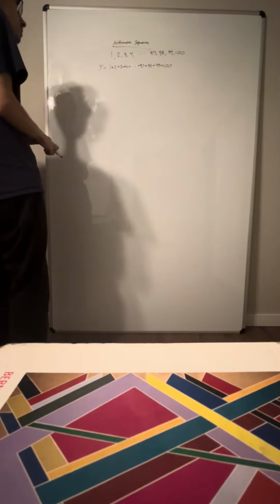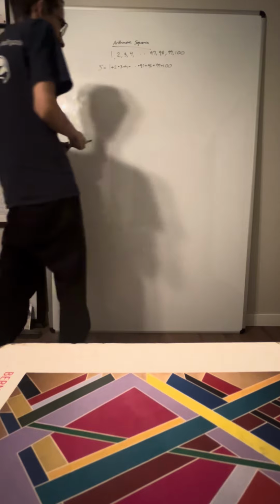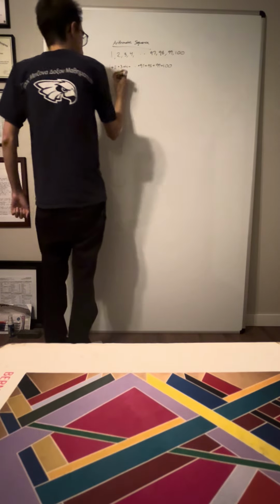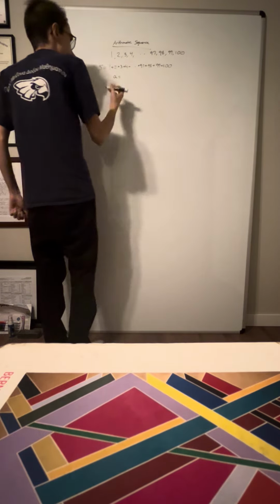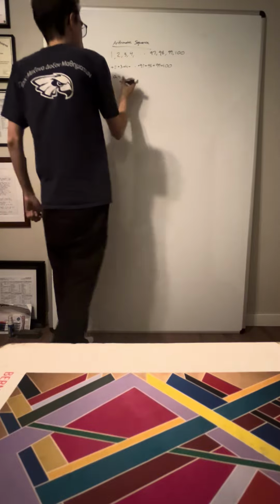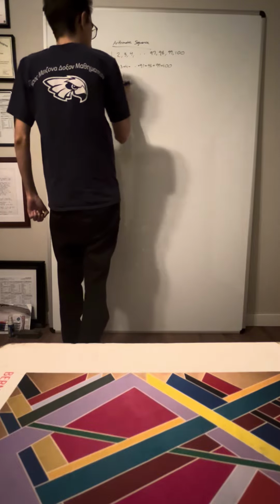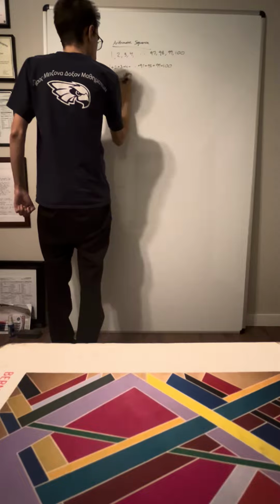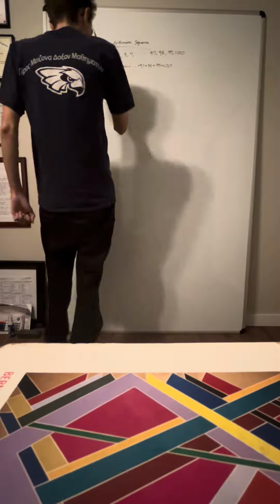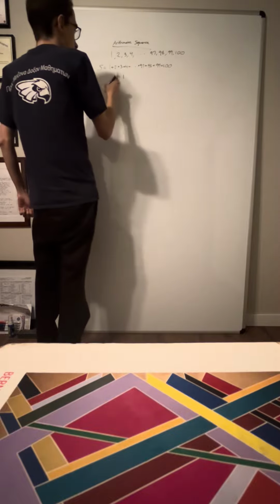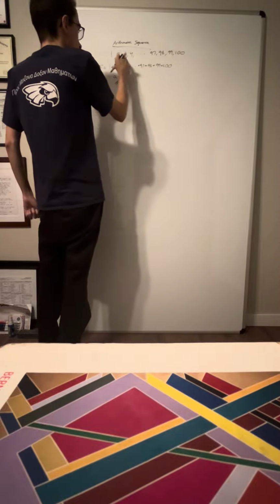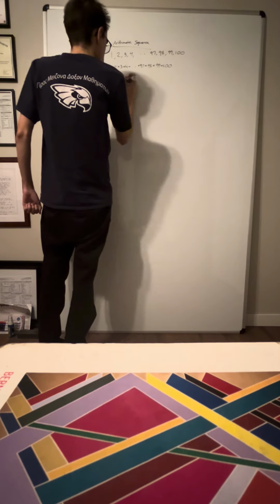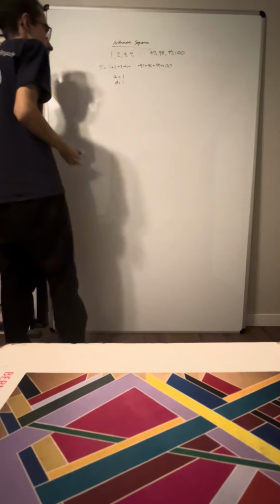Well, if this is an arithmetic sequence, then we have an A, which in this case is our first term, 1, and they all have a common difference of D, which, if you subtract any term from the term that precedes it, you can see is 1.